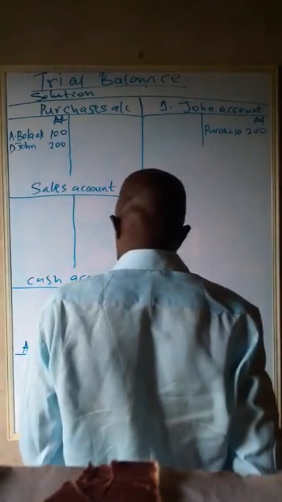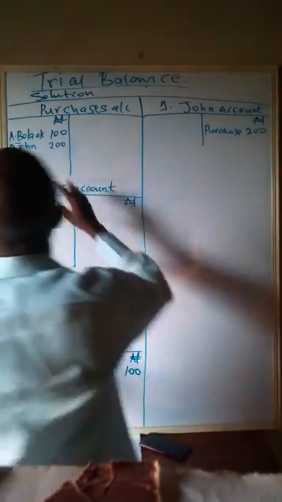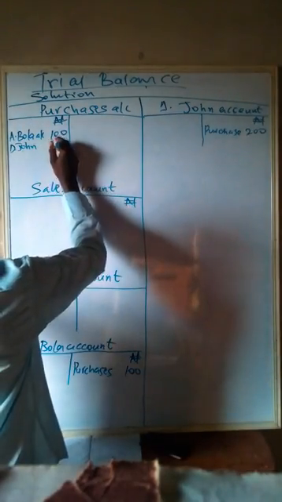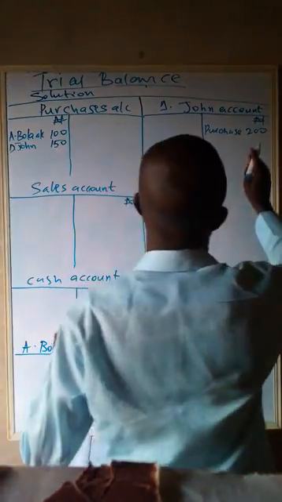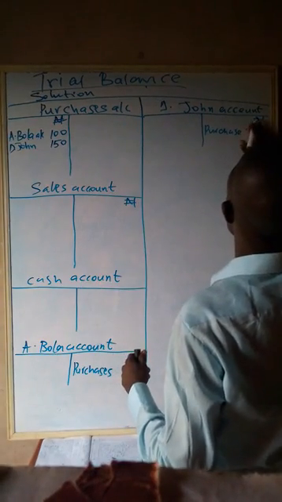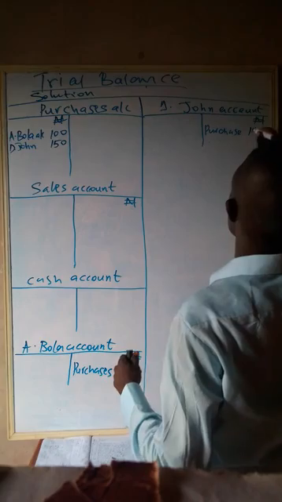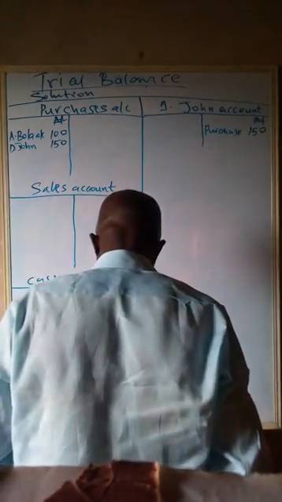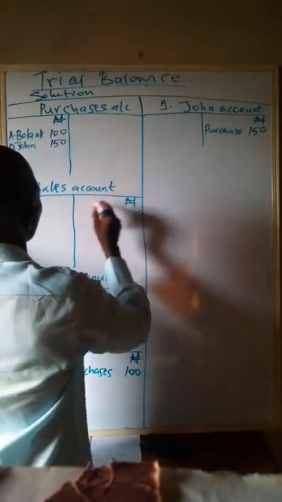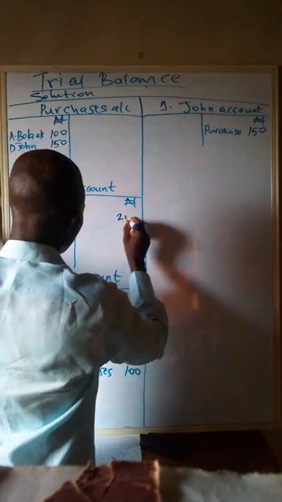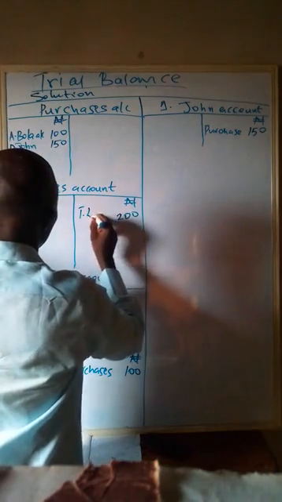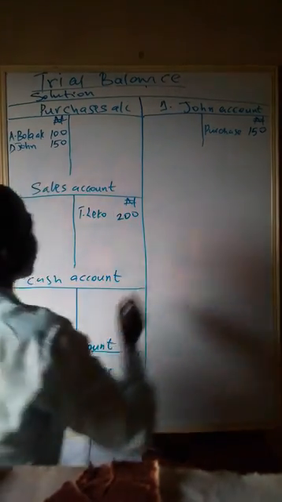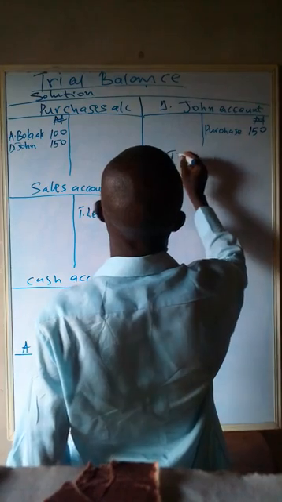Okay, that of D. John is 150. So goods on credit to T. Likos, that's 200 naira. So I go on, I open T. Likos account and put it here.